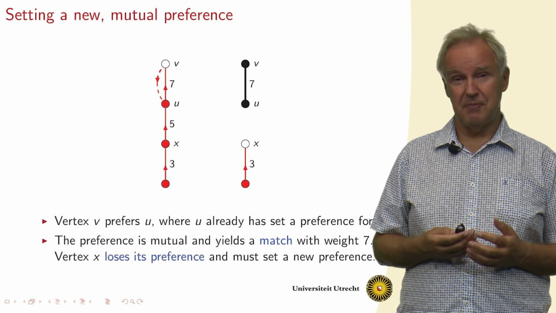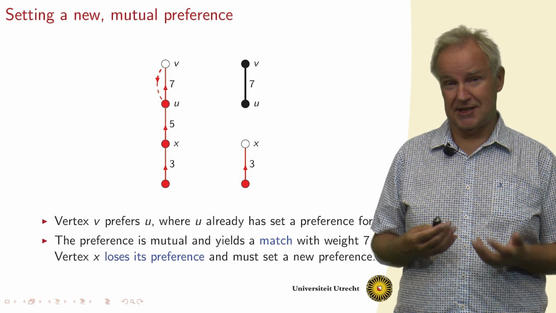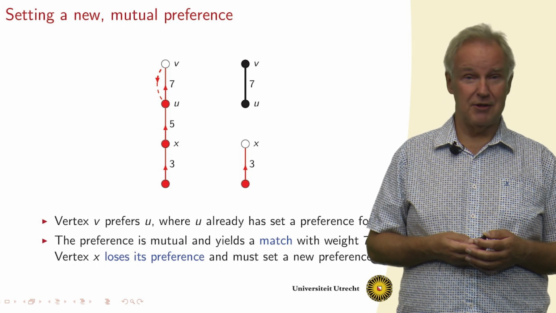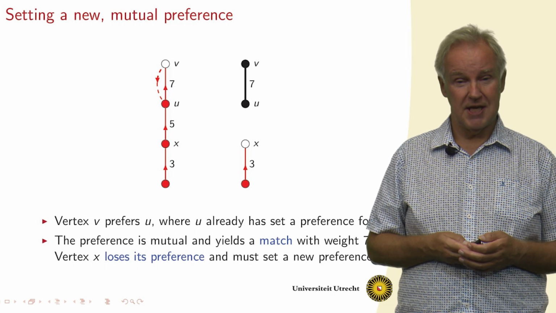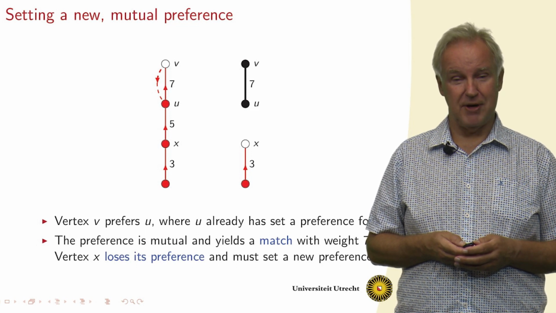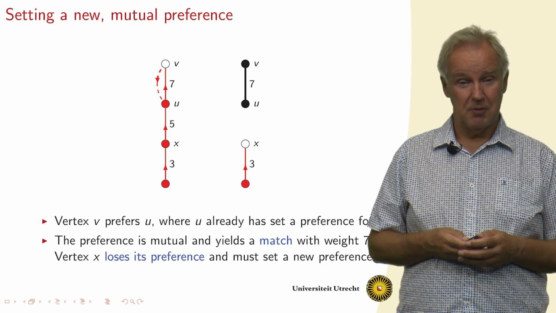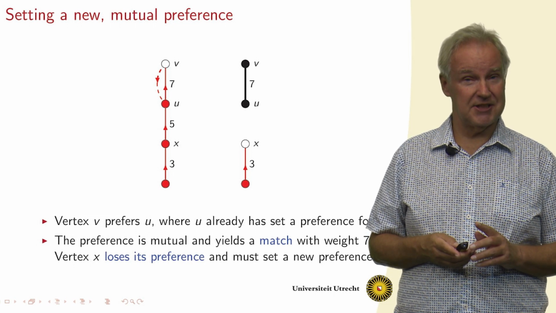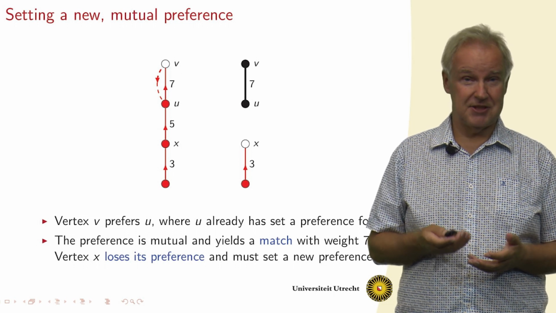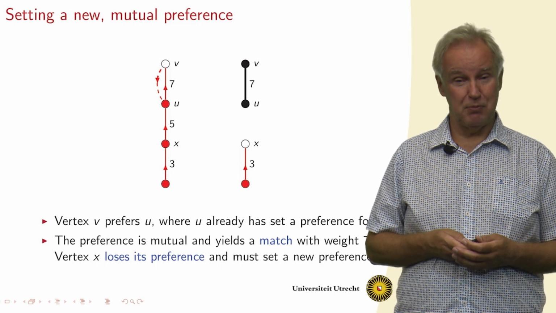During the algorithm, what we do is basically setting preferences and resetting them. And here we see one of the possible situations, that is when a vertex v sets a preference to u, but u already has set a preference to v. In that case, you discover at this point that the preference is mutual.